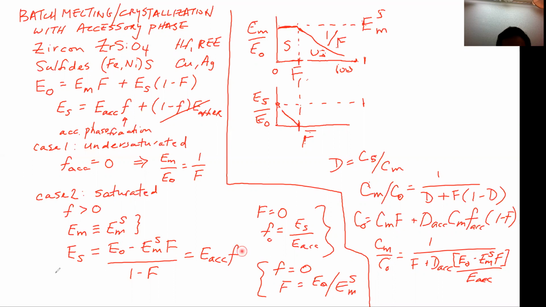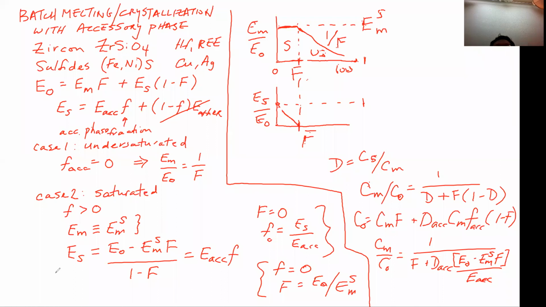This f here and this f here are the same. By plugging this into here, we get this equation, which very much looks like the batch melting equation or crystallization equation, except for the fact that now we account for the accessory phase.